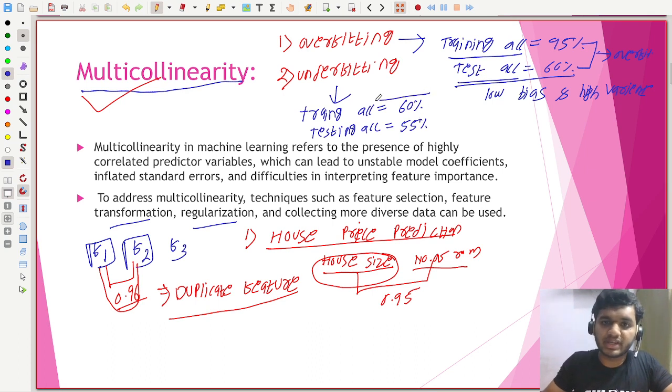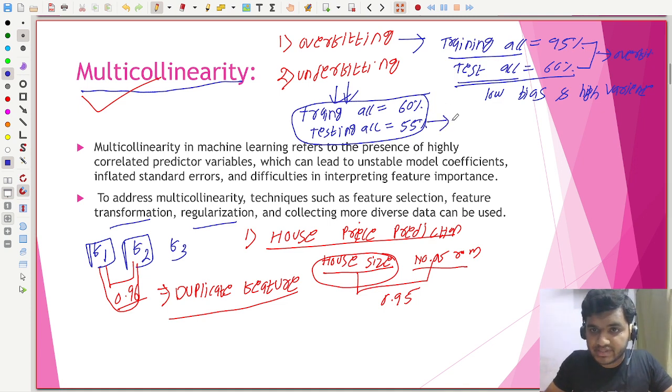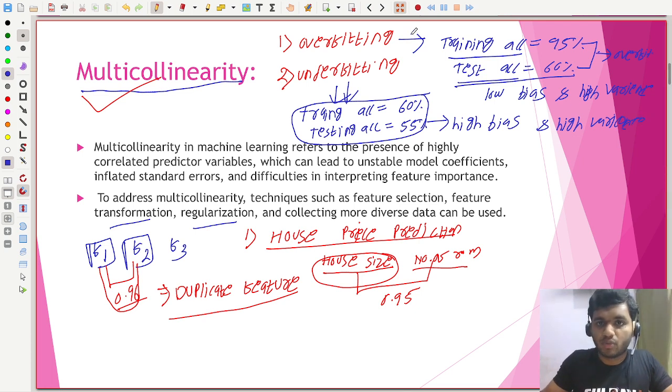Here training accuracy is minimum and testing accuracy is minimum, so it is called underfitting. Here it is high bias and high variance. In overfitting it is low bias and high variance, but in underfitting it is high bias and high variance.